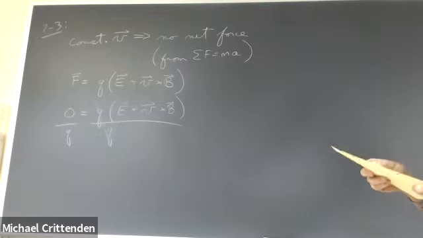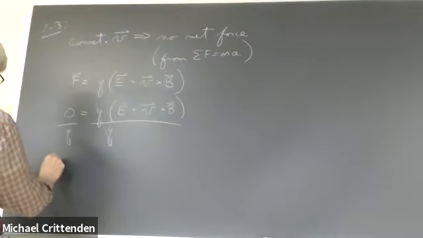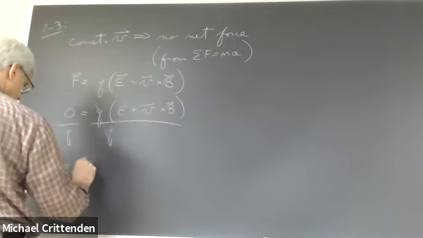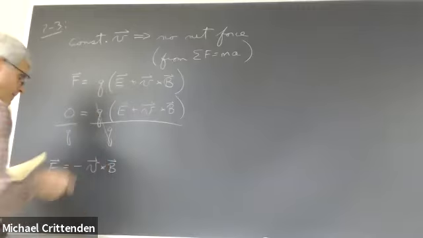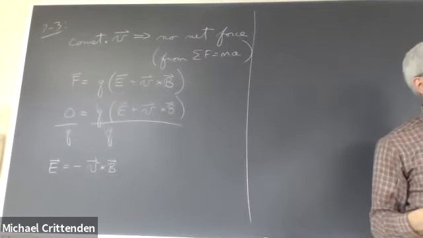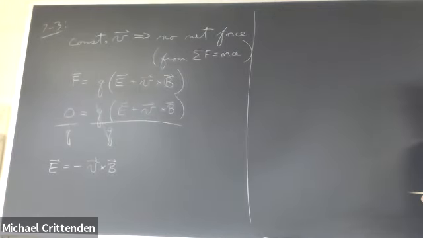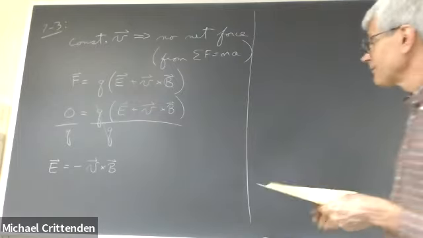And so if you subtract the V cross B from both sides, in order for the electric and magnetic forces to have opposite directions so that they'll cancel each other out, E and V cross B have to have opposite directions and opposite magnitudes for that matter.